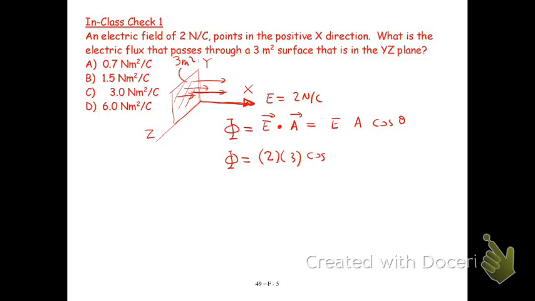Here's my E, and I'm going to show my A there. So there's my E, and there's my A. What's the angle between them? 0, isn't it? Because they're parallel to each other. So that's 0. So the flux is equal to 6 newtons per coulomb meter squared.